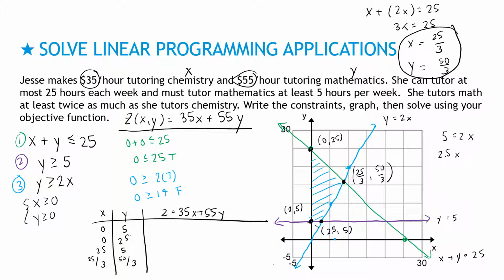So 0, 5 would be 35 times 0 plus 55 times 5, which is 275. Next, 0 times 35 plus 25 times 55. That's 1375. We're making progress. Jessie's making some money.